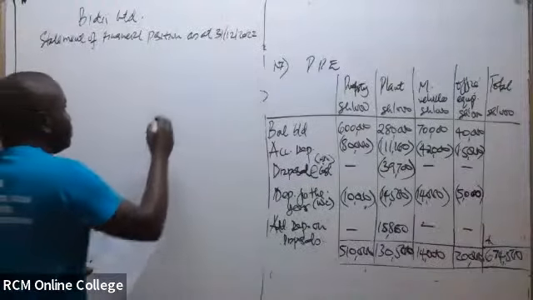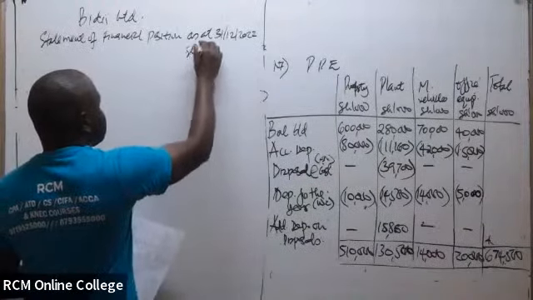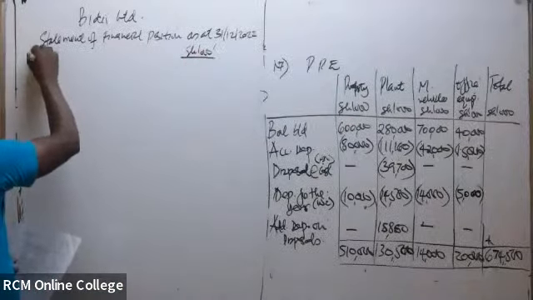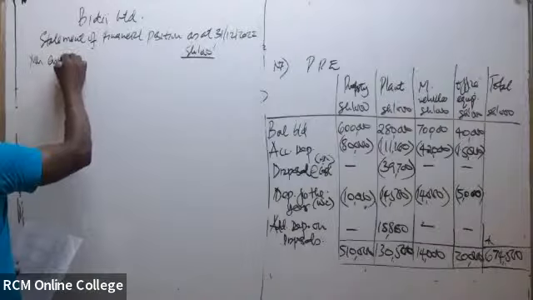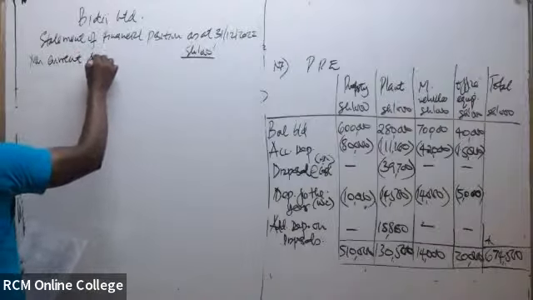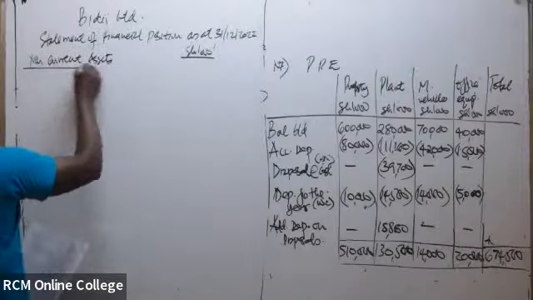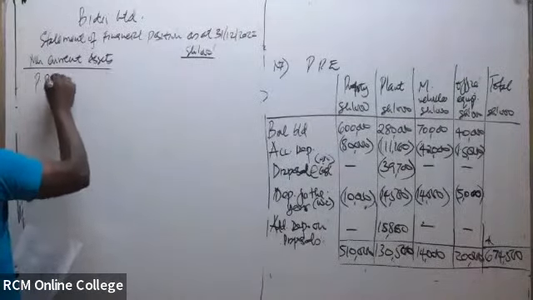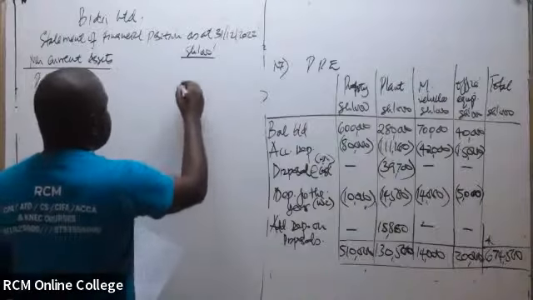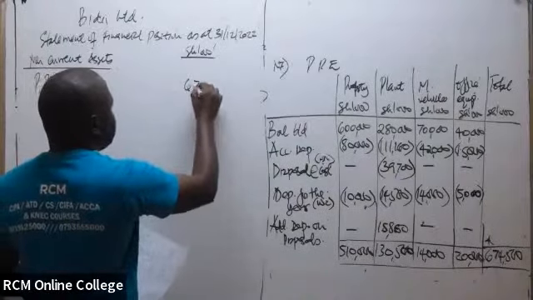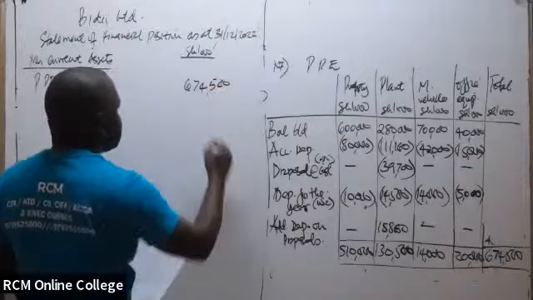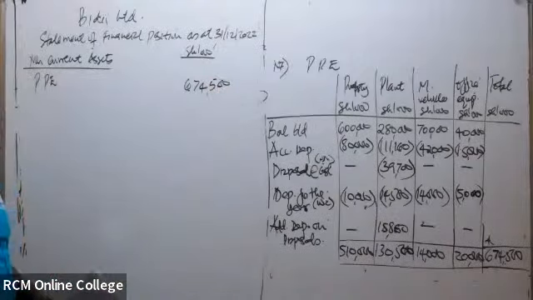So in this case, we have our shillings in thousands. So we can, of course, automatically start with the non-current assets. In this case, we have property, plant, and equipment, which we've gotten 674,500. So you can look at the TO balance.